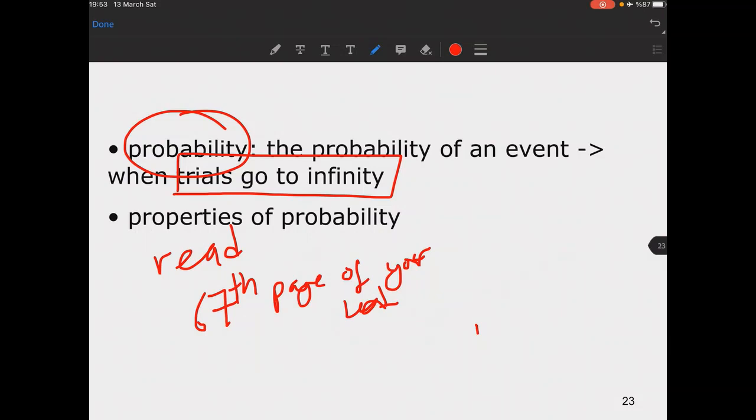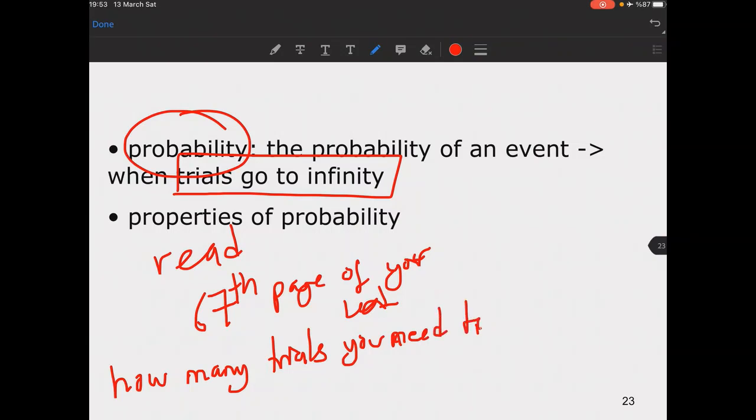Read it truly, and then please watch the next video carefully to have an idea about how many trials you need to decide on the probability or outcome of a coin toss, for example.